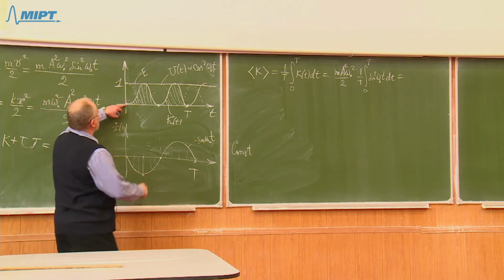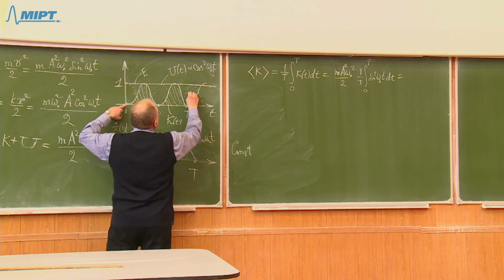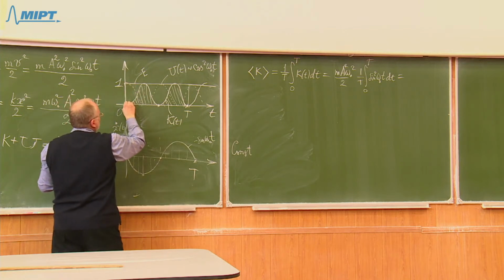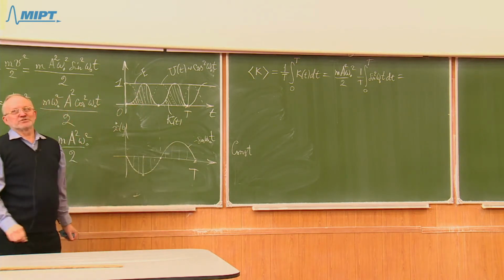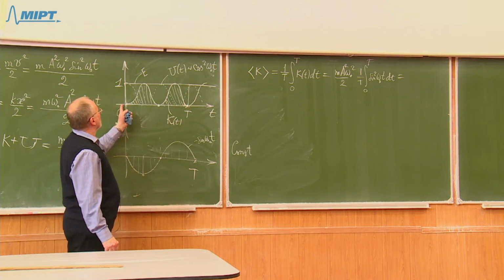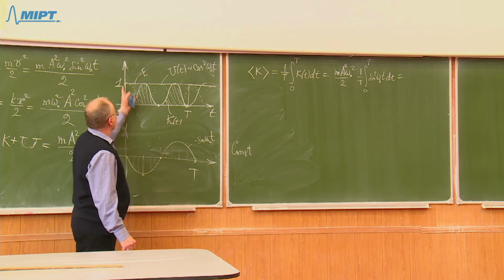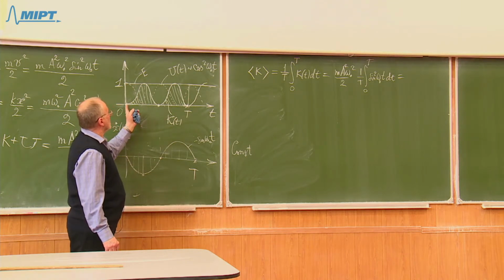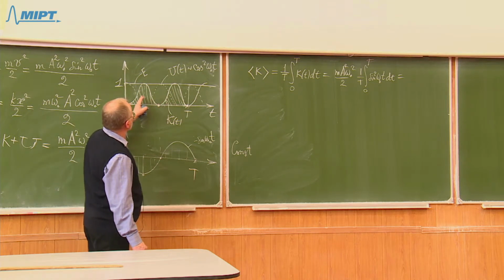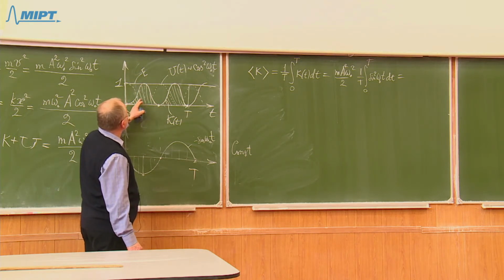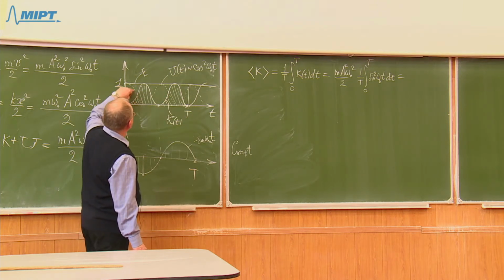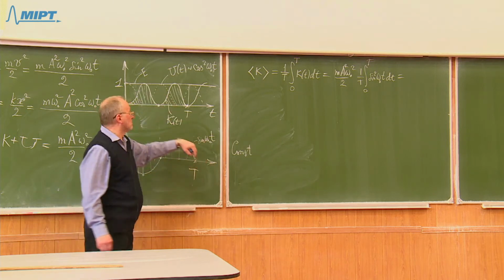If I took the area of a rectangular figure, it would be 1 times capital T. But what is under the curve is just half of this area, because the other half is occupied by cosine.